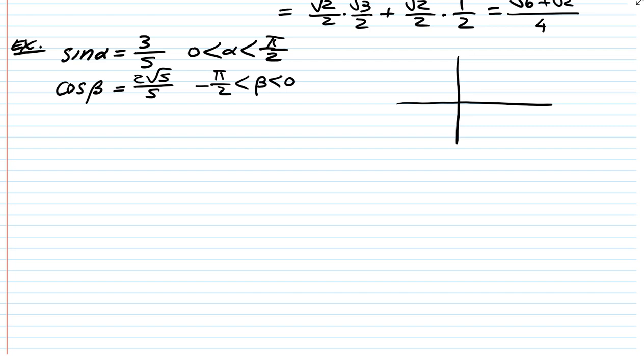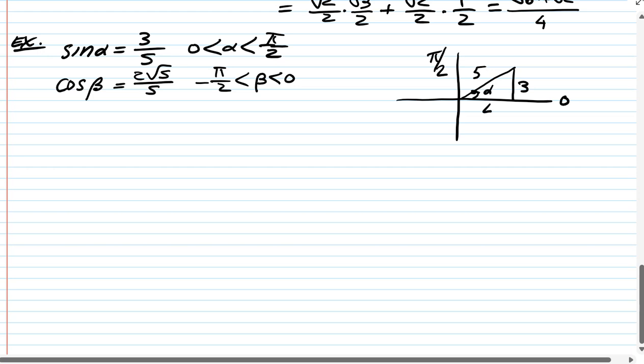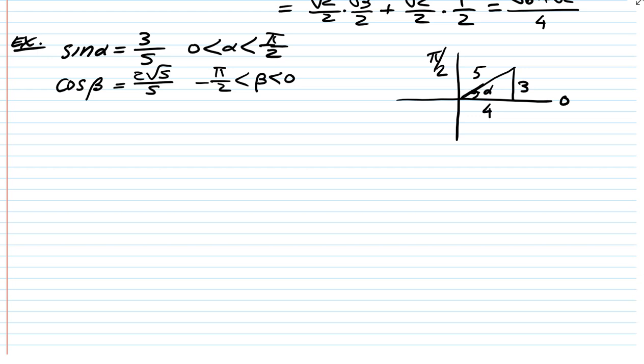Sine is 3/5, and we are in 0 to pi over 2. That's 3/5, and this is alpha, correct? So the adjacent should be 4. This is the 3, 4, 5 triangle. Or you can use Pythagorean: you square the hypotenuse, you get 25, minus 3 squared 9, square root of that will be 4, and that's what the adjacent side is.